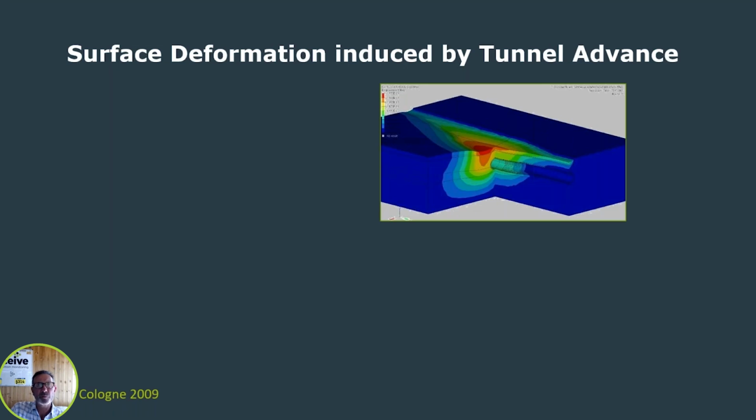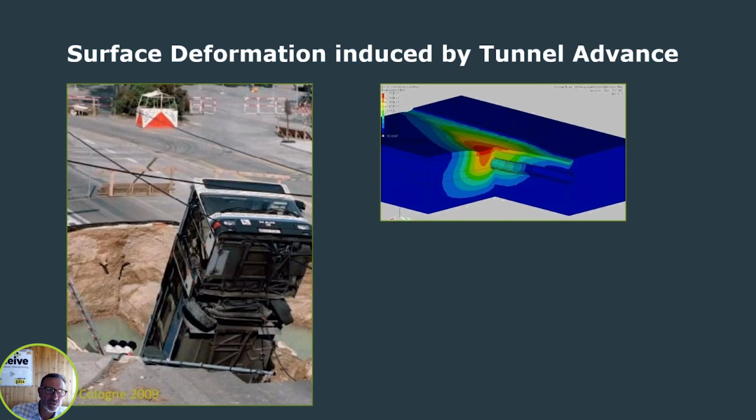They'll be used both to look at the structure itself and to look at third-party assets around the tunnel. And one aspect that is obviously a big concern is surface deformation. It's the presence or development of voiding that can cause sinkholes and damage.